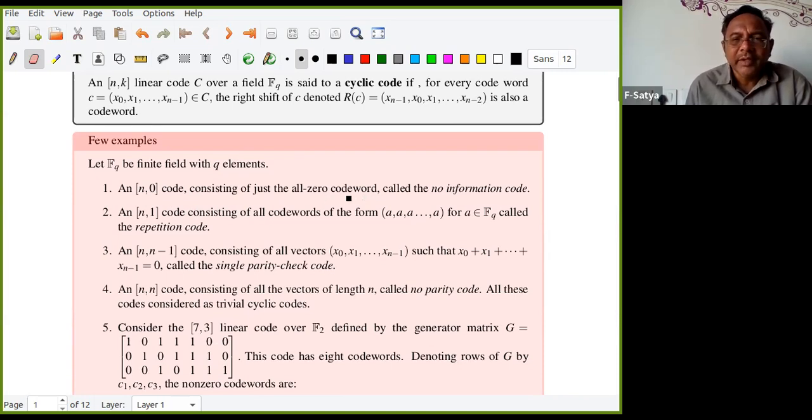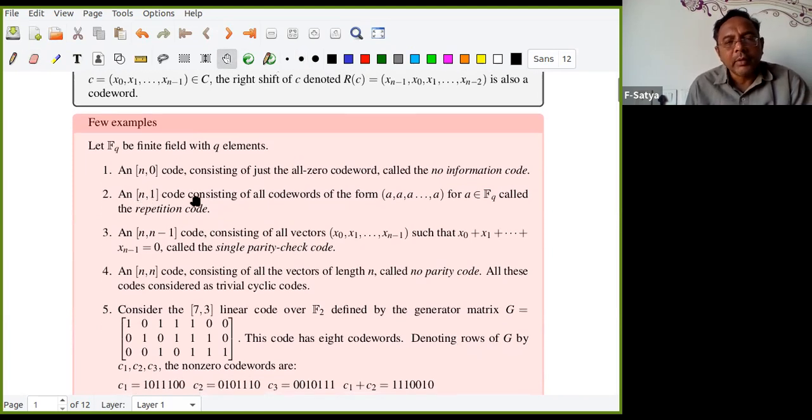Then obviously, if I take the 0 vector and right shift it, there is no problem, I get the 0 code word again. So this is a simple example, but there is no use of 0 code words, so it is also called the no information code.